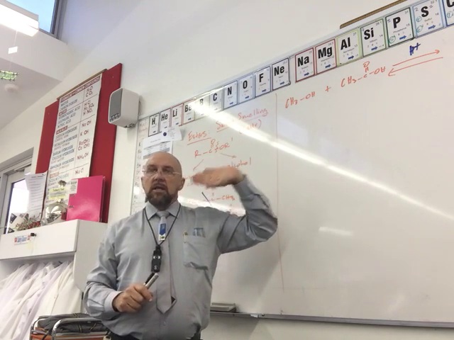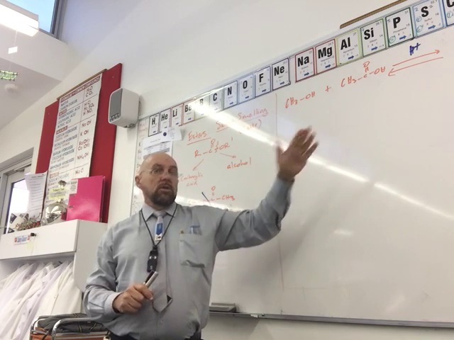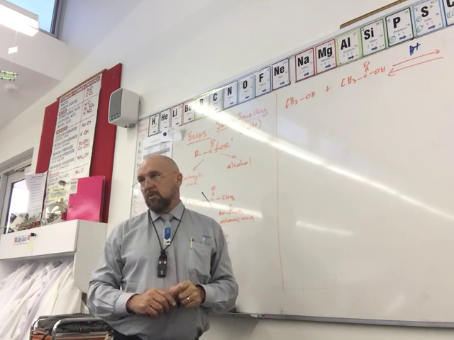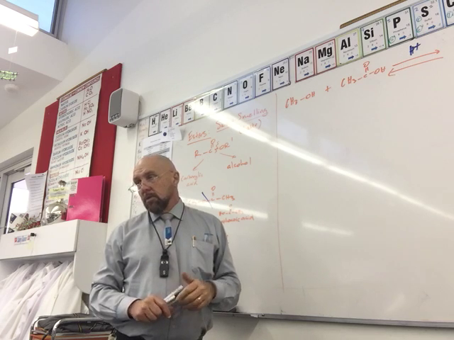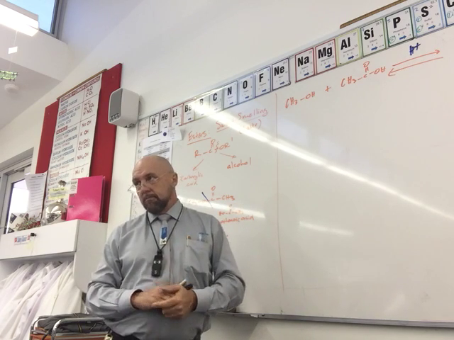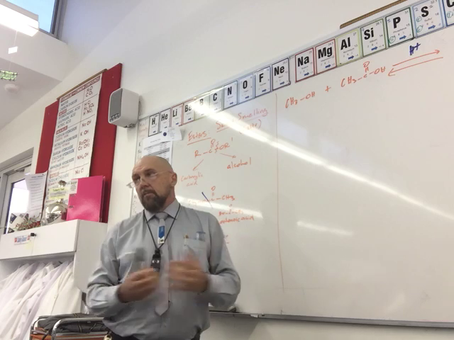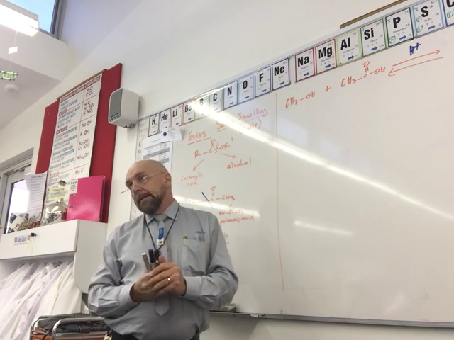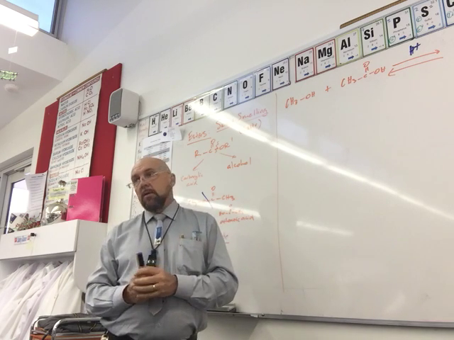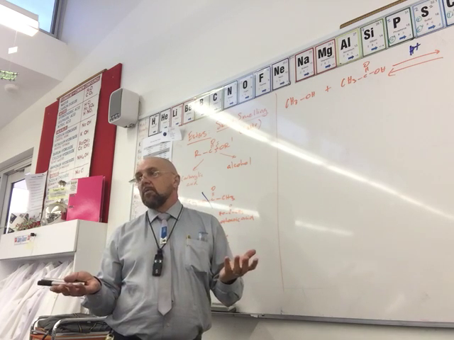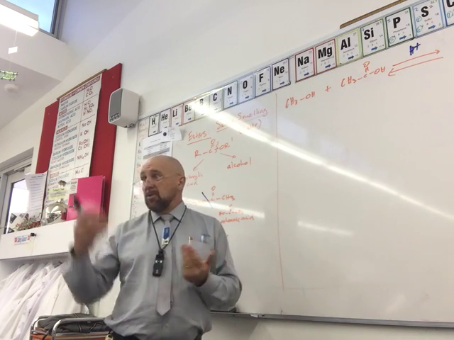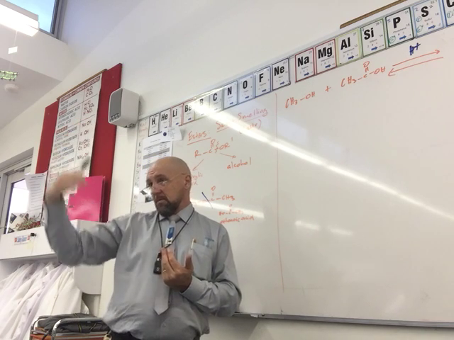From an equilibrium sense, how could I push the equilibrium to the right? There's a few answers to this. Is change of pressure going to impact the system? No, doesn't matter. All right? Now, I haven't given you whether it's an exo or endothermic reaction. If I did, you could talk about temperature, but that's not going to be a huge issue anyway, because we're using temperature. We're going to maximise temperature. All right?